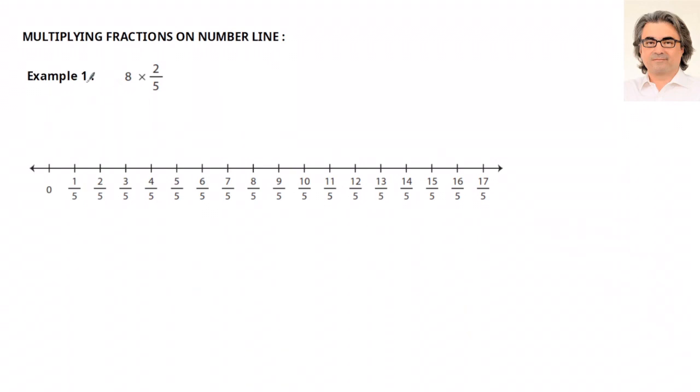In the first example, on the first page of our subject, 8 times 2 over 5. We know the meaning. I should write 2 over 5 in addition 8 times. The first one 2 over 5 plus 2 over 5 plus 2 over 5, 2 over 5, this is the fourth one.